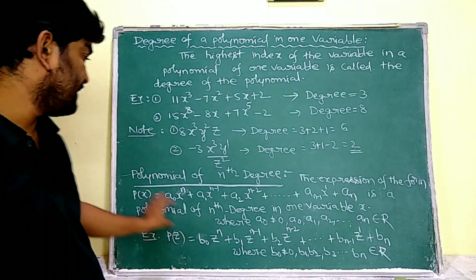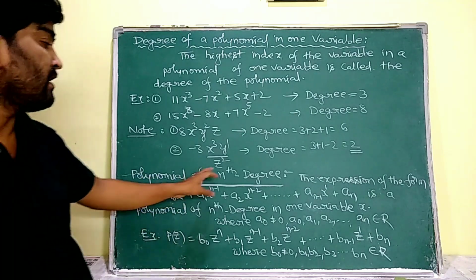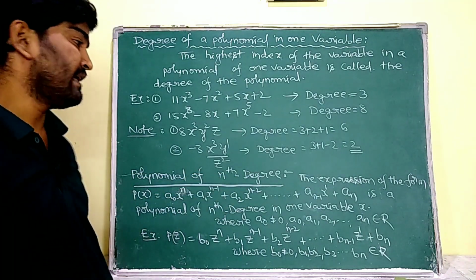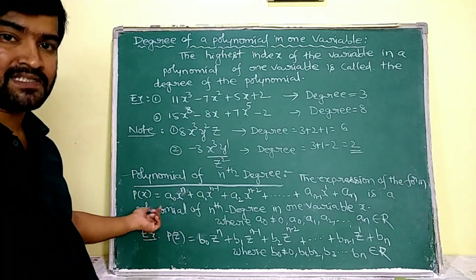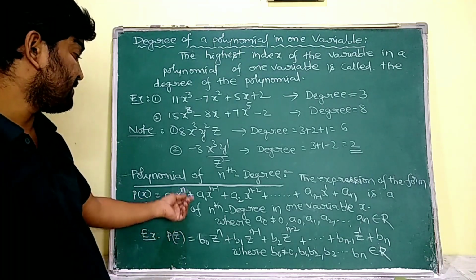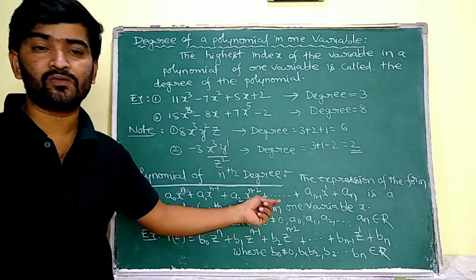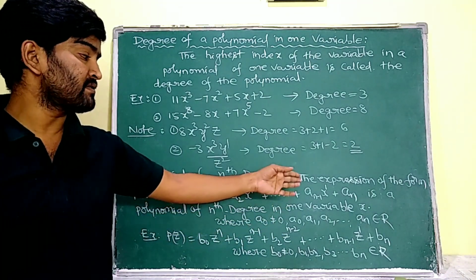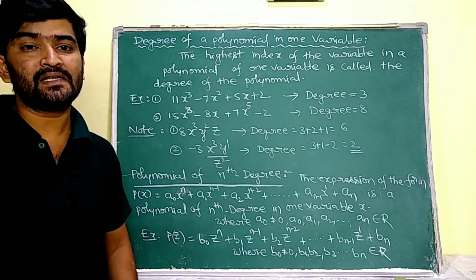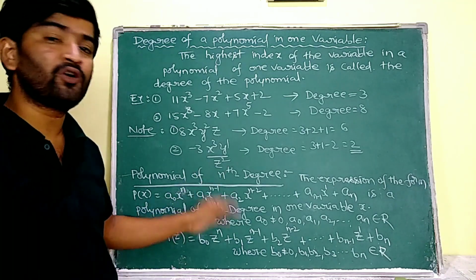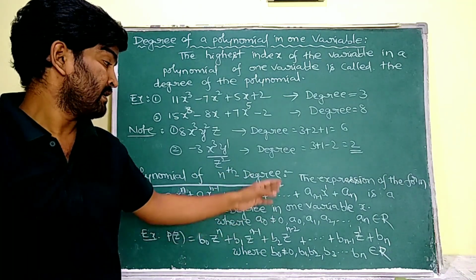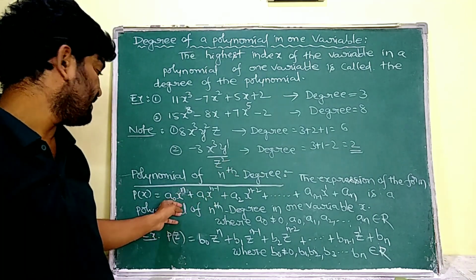Okay, now it's the very important one, polynomial of nth degree. The expression of the form p of x is equal to a0 x power of n plus a1 x power of n minus 1 plus a2 x power of n minus 2 and so on, a(n minus 1) x plus an, is known as a polynomial of nth degree, where a0 is not equal to 0.